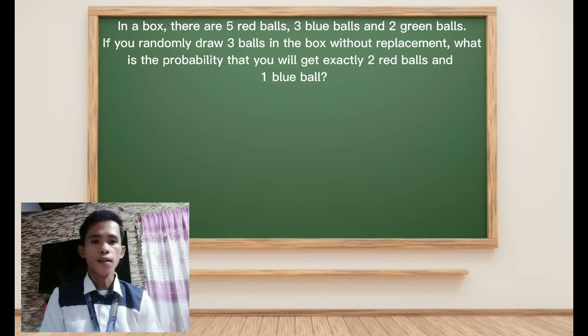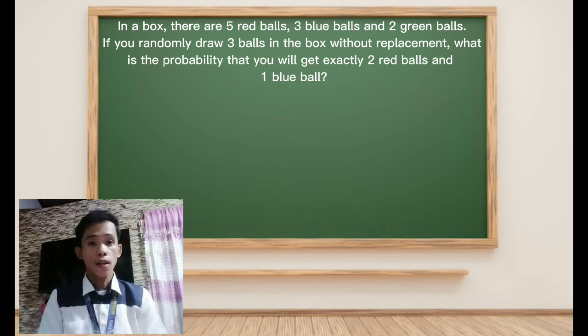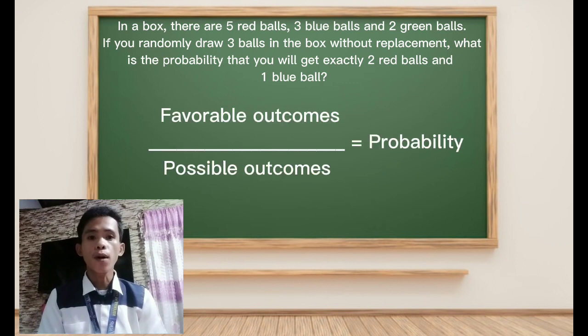What is being asked? The problem asks, what is the probability to get exactly 2 red balls and 1 blue ball? Second, we need to assign the variable. To solve this problem, we need to calculate the total number of favorable outcomes over the total number of possible outcomes.